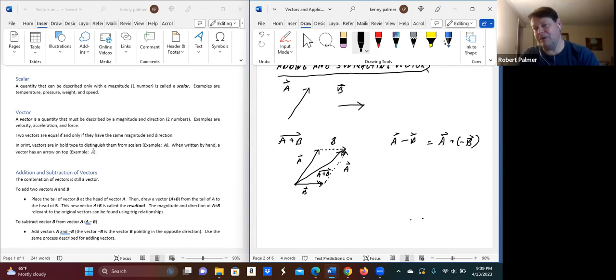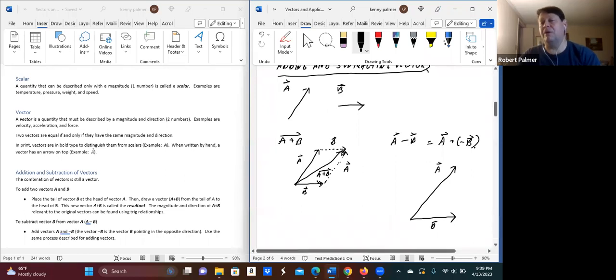So here's vector B, and here is vector A. As we saw earlier, to make a negative B, I just have a vector the same length as B pointing in the opposite direction. So that should look like this. This is negative B. Now do the same thing. In this case, I'll move vector A, so the tail of vector A is at the head of vector B.